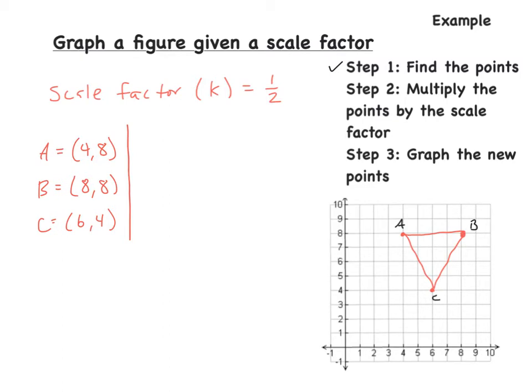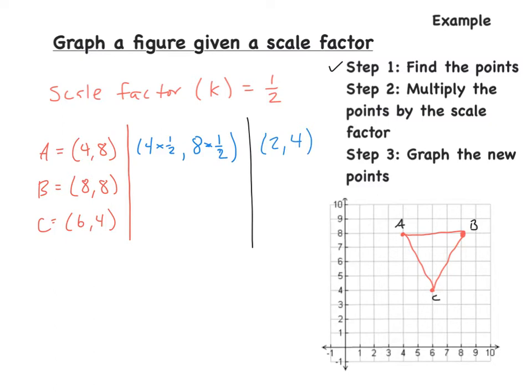So basically that means we need to do 4 times 1/2, comma, 8 times 1/2. We multiply those through. 4 times 1/2, basically it's 4 divided by 2. So 4 divided by 2 is equal to 2. And half of 8 is 4. So now we have a new point, 2, 4.